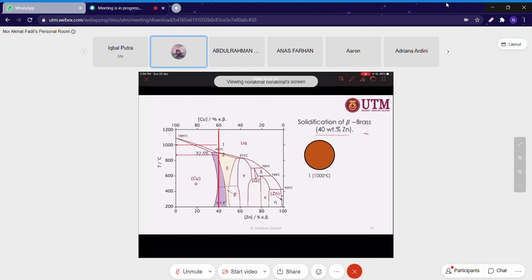So let's say at 1000 degrees Celsius, it contains one single phase, which is liquid. At a temperature of 890 degrees Celsius, the solidification begins, and this is the formation of a new phase.